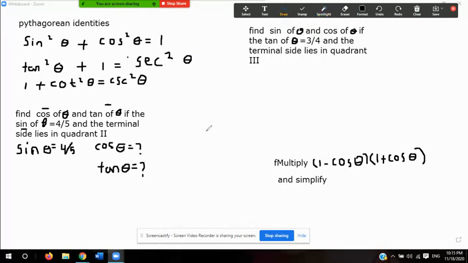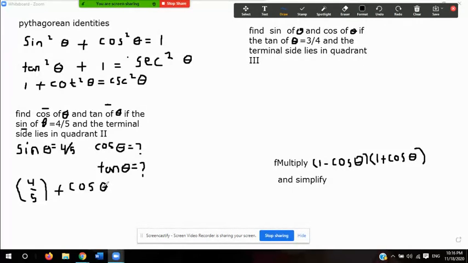What I might do in this step is just plug in the values. The sine squared of theta is going to be 4/5 squared. So I have 4/5 squared plus the cosine, which is what I need to find, equals 1.